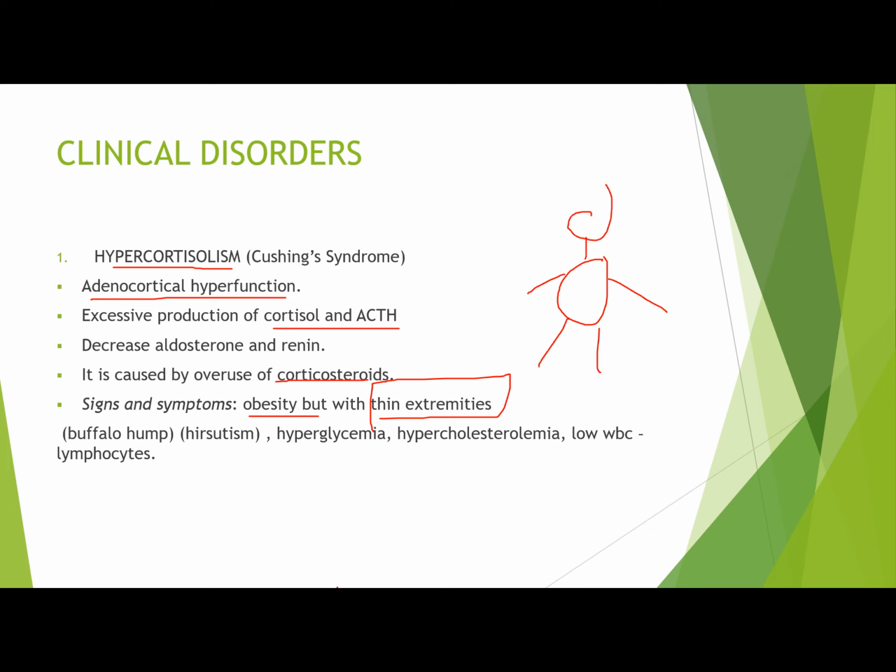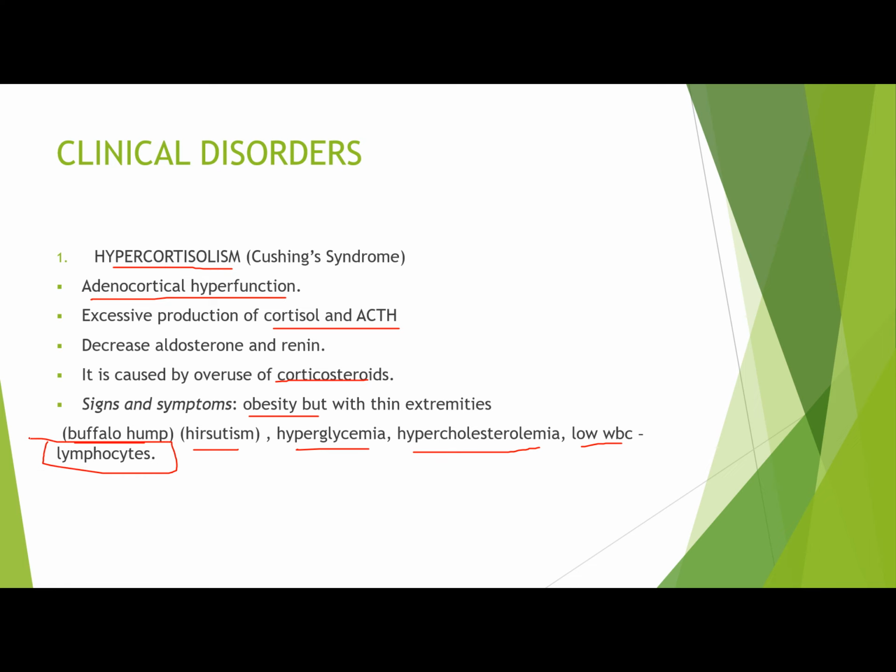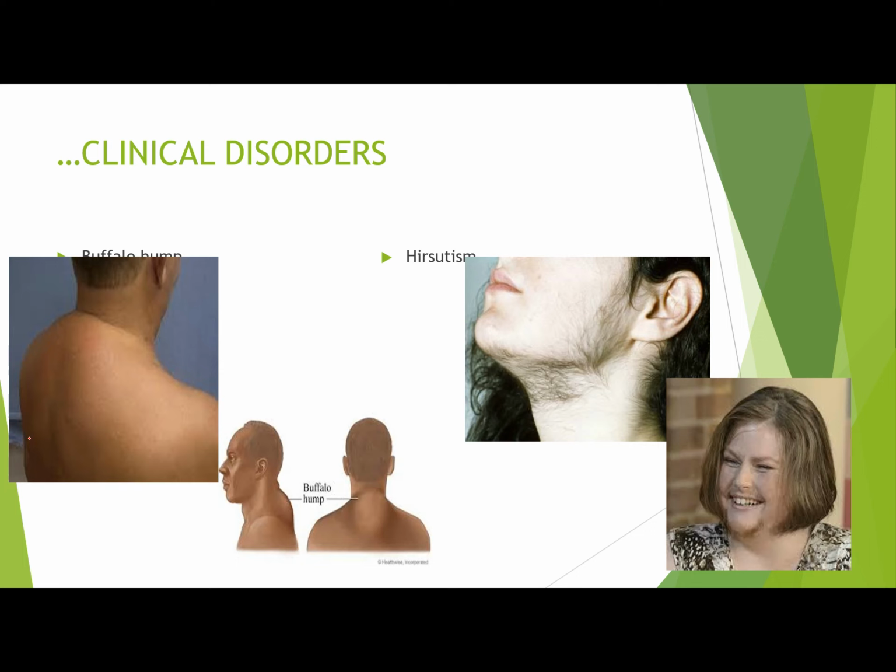Usually characterized by a buffalo hump, hirsutism, hyperglycemia, hypercholesterolemia, low WBC, especially lymphocytes. So ito yung buffalo hump, ito yung hirsutism. Yan. Merong hump dito. Yung hirsutism kasi yung mabalahibo.